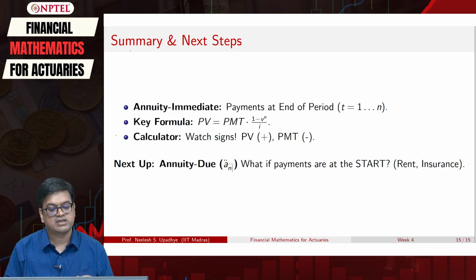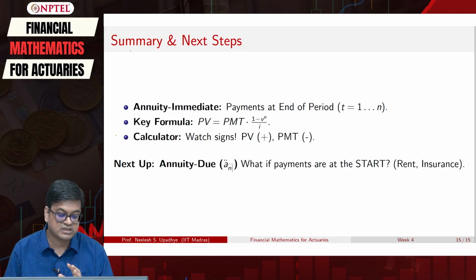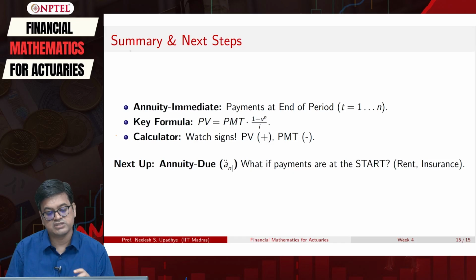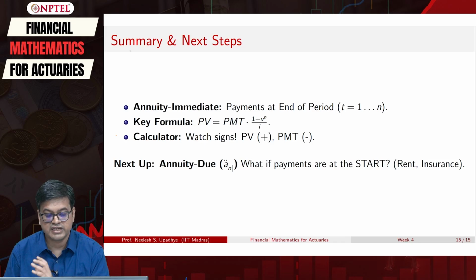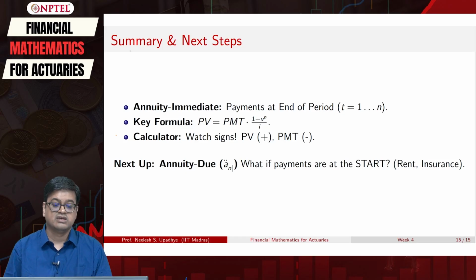We looked at the key formula: PV equals the fixed cash flows, called PMTs, times 1 minus v raised to n, upon i. When using the calculator, you must have observed that I enter the present value with a positive sign and the cash flows with a negative sign. So PMT was always entered with a negative sign.